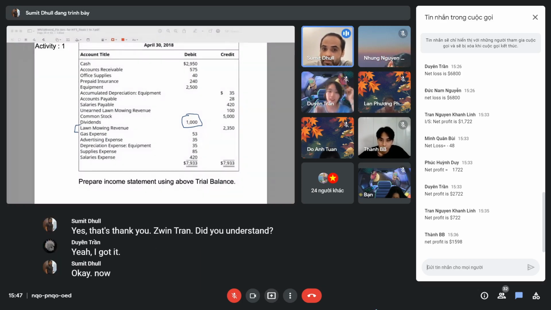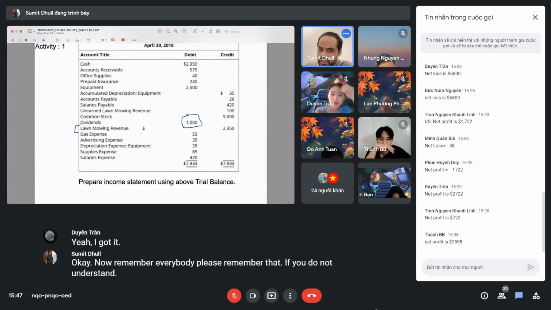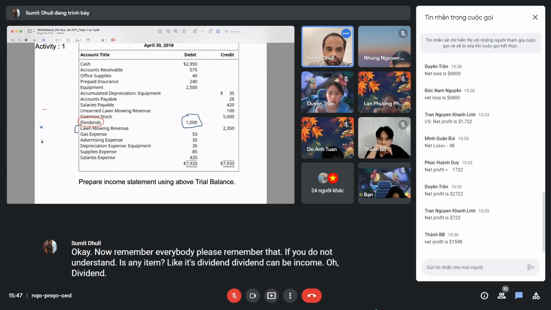Now, everybody please remember that if you do not understand, any item like dividend can be income or it can be expense.